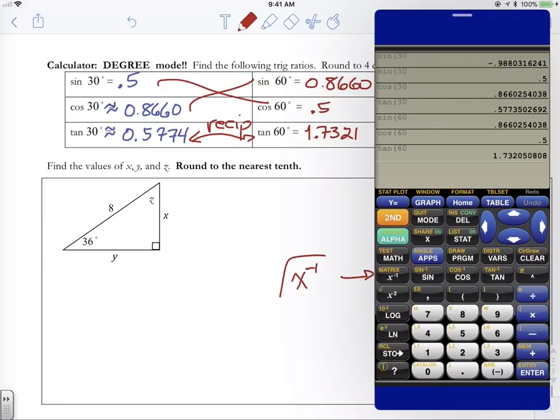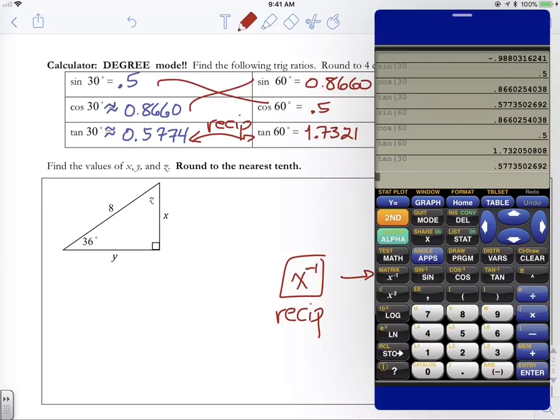X to the negative 1 will take your number and flip it over. So if you typed in the tangent of 30, got that value, and then hit that x to the negative 1 button, it'll take that previous number and flip it over. So it's going to give us 1.7321. So two different ways to get the same value.